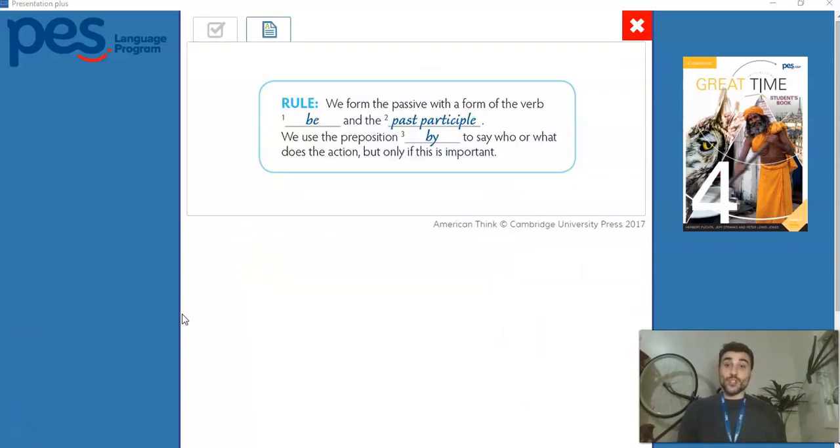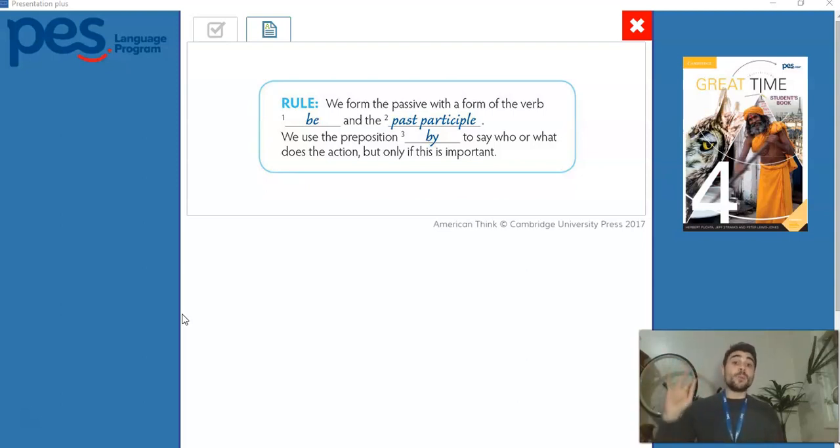All right. So the rule about the passive and active voice is we form the passive with a form of the verb be, so present, past, even future, okay, and the past participle. Remember, all verbs in English have at least 3 different forms, right? The infinitive, or the present, for example, the verb do.